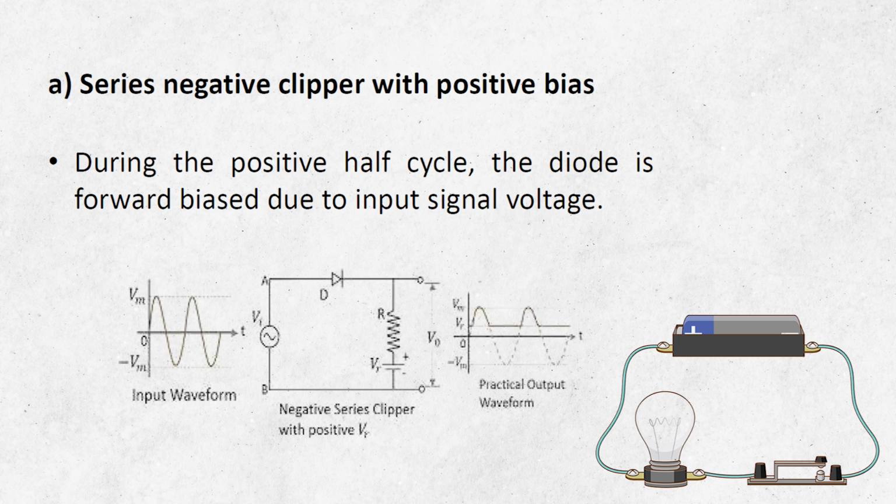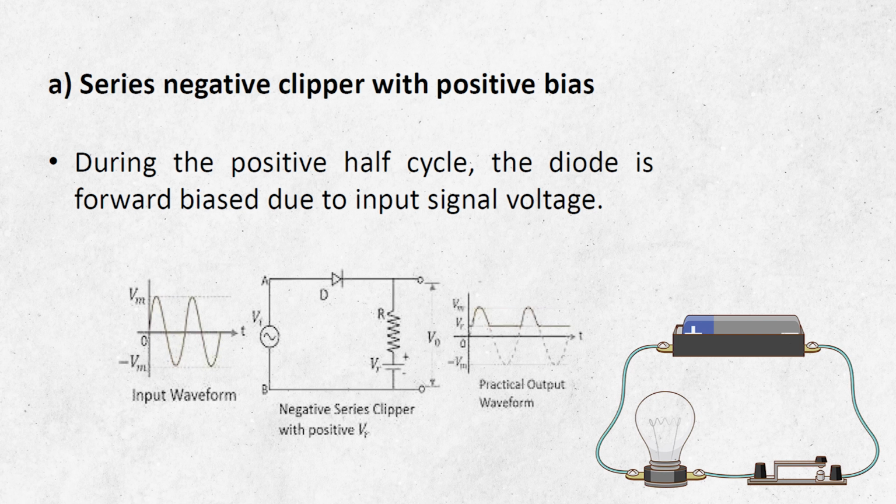During the positive half cycle, the diode is forward biased due to the input signal voltage, and the below figure shows the series negative clipper with positive bias. Positive bias means the positive terminal of the voltage source is connected to the N terminal of the diode. So, this forms the negative clipper with positive biasing.